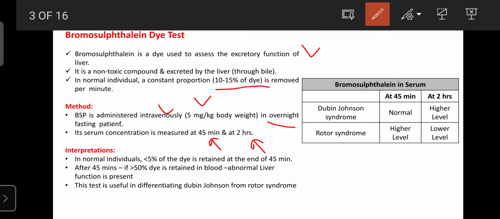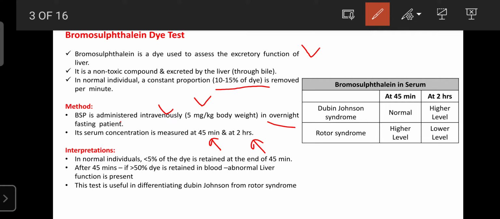So special reactions or phenomena are there. With the help of the colorimeter, we can easily detect how much unconjugated bromosulfophthalein is found in the plasma or serum, because it is easily picked up by the liver, about 10 to 15%.